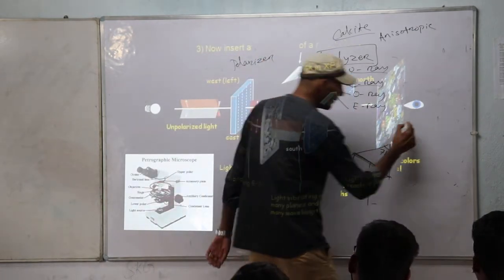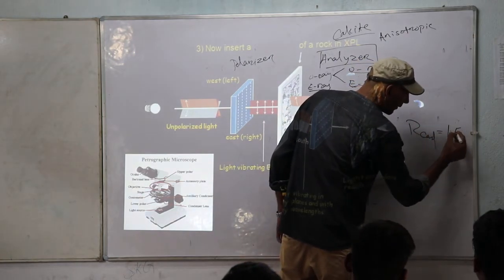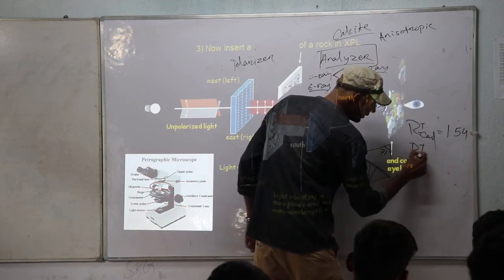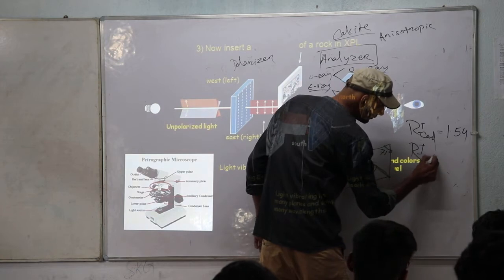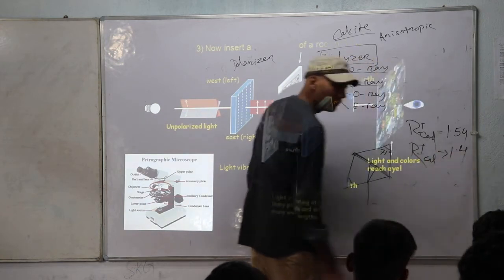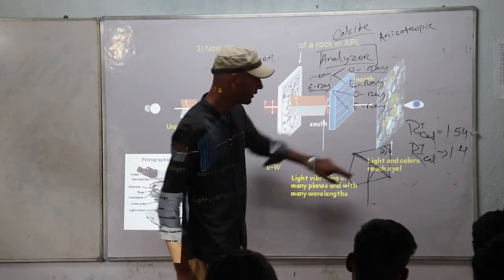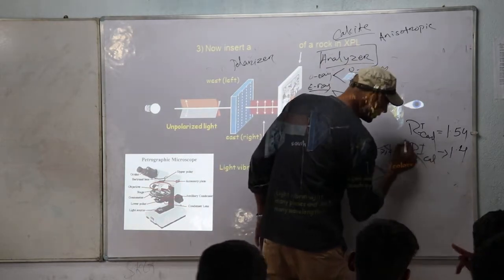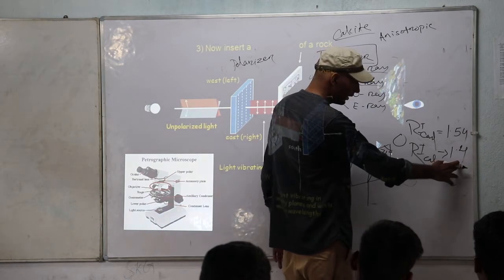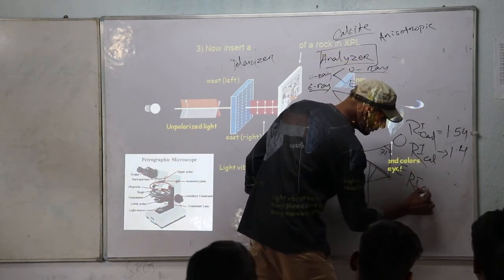So what is the refractive index for Canada balsam? 1.54. Okay. What is the refractive index for calcite? 1.4. Right. So for calcite, the refractive index is defined for 2 different rays. For ordinary it will have some refractive index, and for extraordinary it will have some refractive index.